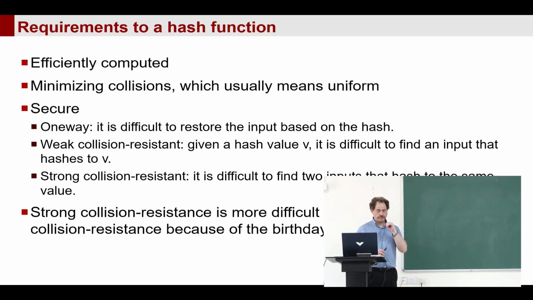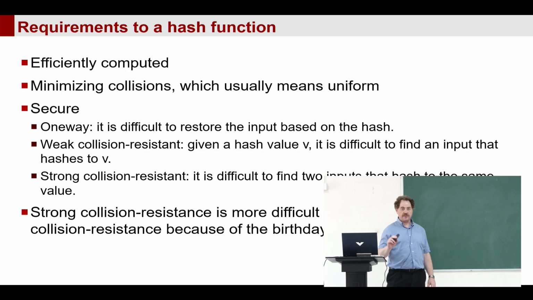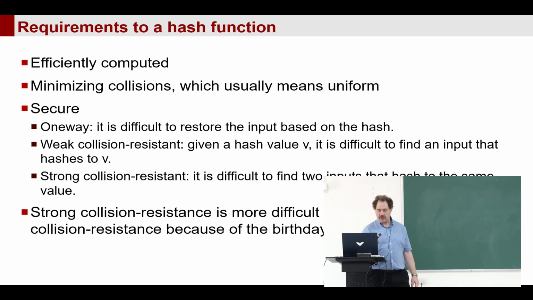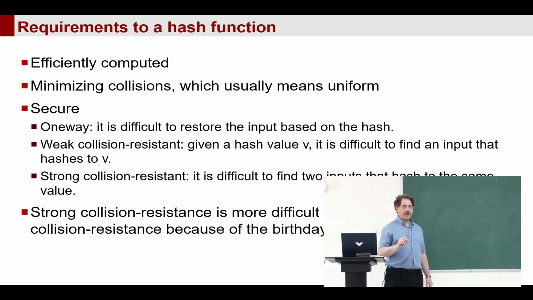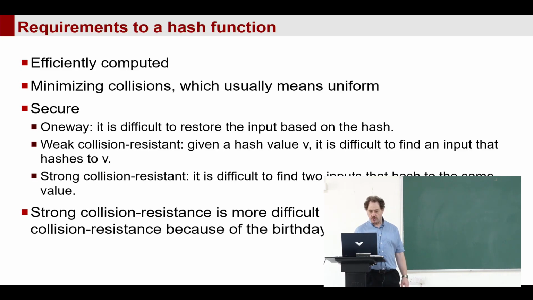I'll also give an example of an attack, to show how it can be exploited if you don't have strong collision resistance. But before I do that, I want to remark that strong collision resistance is a much more stringent requirement. It's much more difficult to satisfy compared to weak collision resistance.